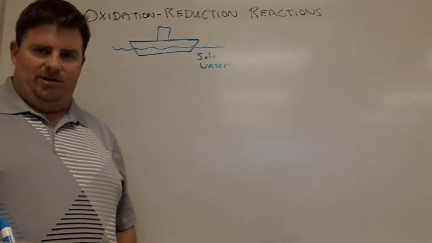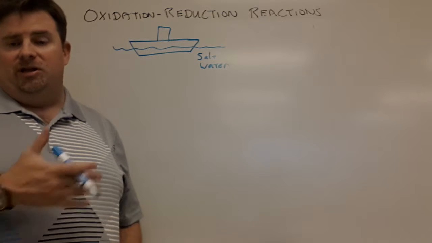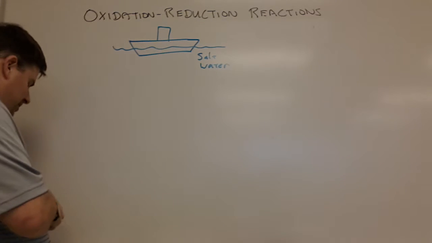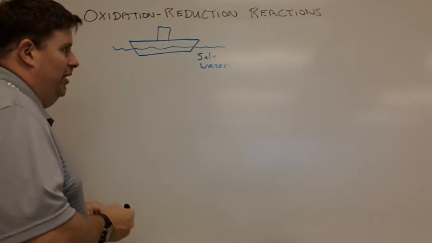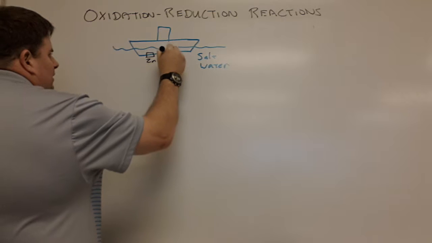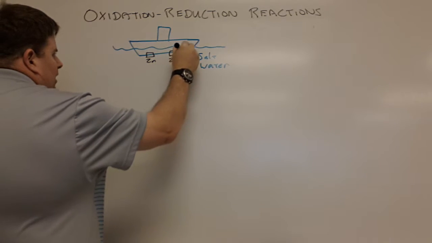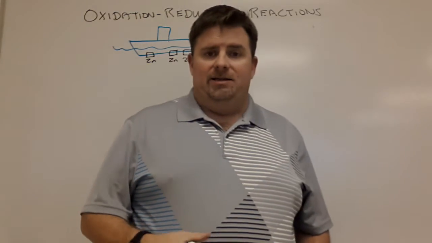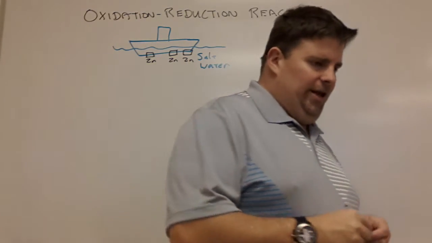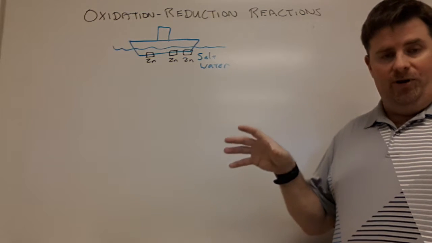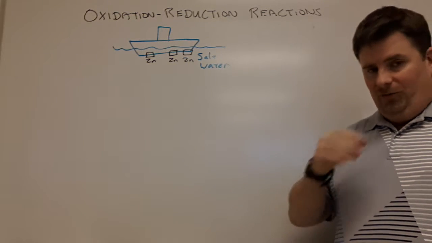You don't want that to happen. So how do you get around this? Well, the easy answer is don't sail ships. But we got to sail ships, right? So the solution to this is to put little blocks of zinc on the hull of ships. And what these little blocks of zinc do is they prevent the oxidation of iron because they're in contact with the boat, the hull being steel, the hull being iron.